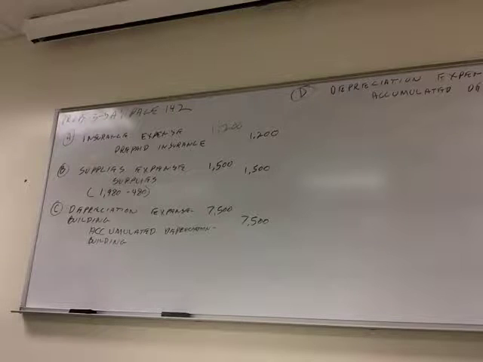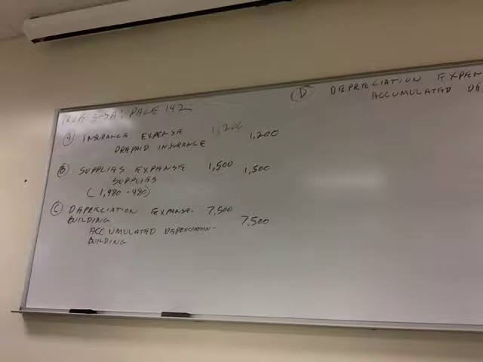Rent, unearned at August 31st, $1,550. So you look at the unadjusted trial balance, there in the liability section, right underneath accounts payable, is an unearned rent liability. So somebody is paying us in advance to rent. And that balance is $6,750.